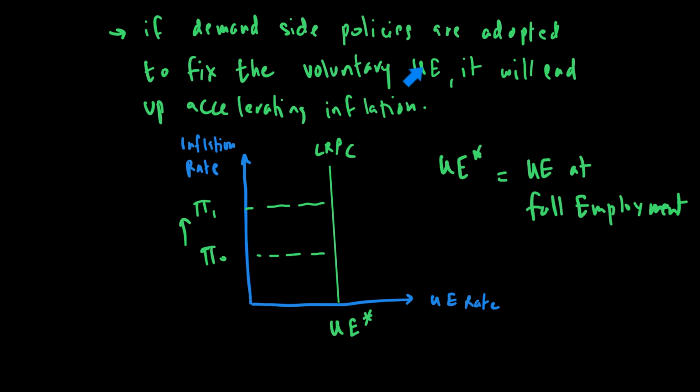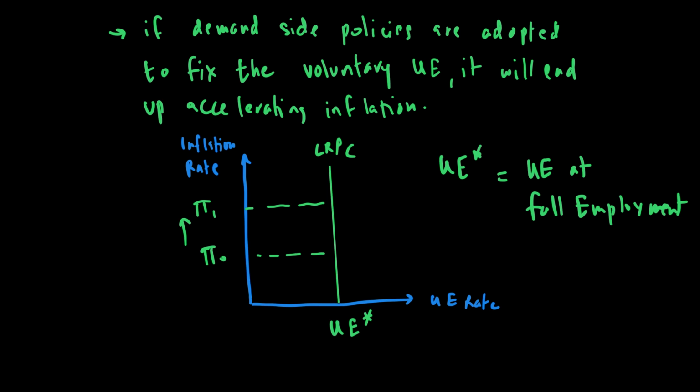The voluntary unemployment are all those people who are basically frictionally unemployed, who are looking for better work and may not be willing to work right now, but may work probably if there is some changes that can happen through what we call supply side things. Like, for example, if people get better information about the kind of work that they want or the kind of pace that they want for that particular work, then they may decide to work.